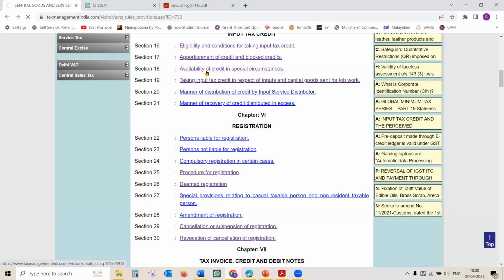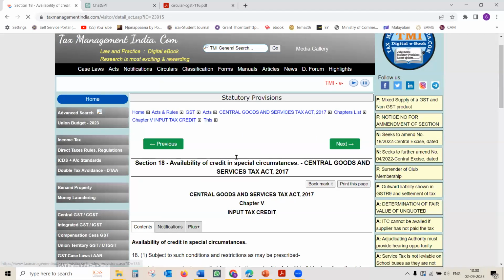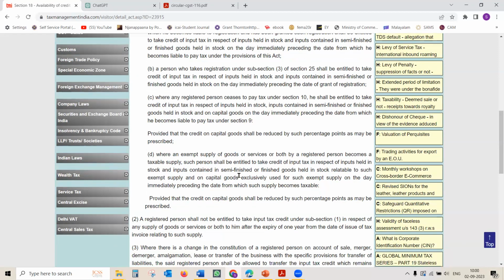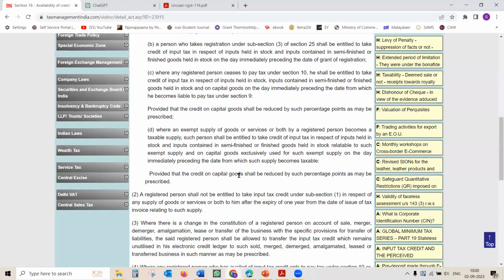If it becomes a supply, maybe under Schedule 1, then there will be a value addition because of open market value. And Schedule 1, that entry says that if ITC has been taken, that means effectively government is not getting anything out of the entire chain of that movement of the mobile phone, the example we are taking.